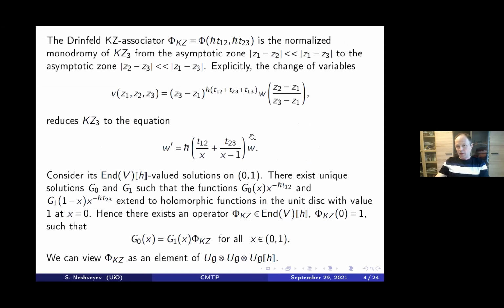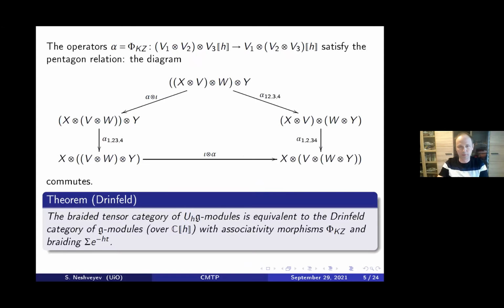So we can do it on every representation V, and as a result, we can view this element as an element of this triple tensor product of the universal enveloping algebra. And this element satisfies nice properties, namely, it satisfies the pentagon relation.